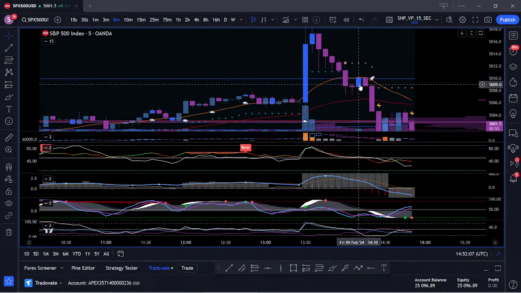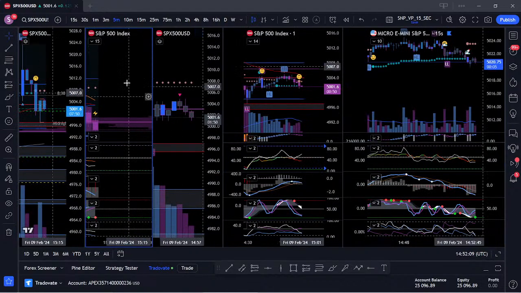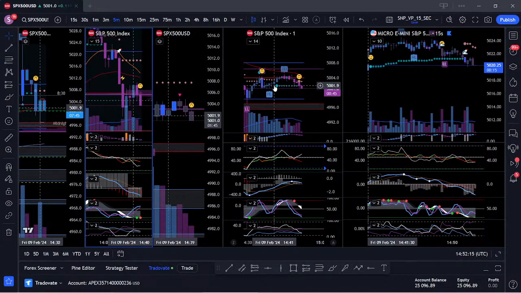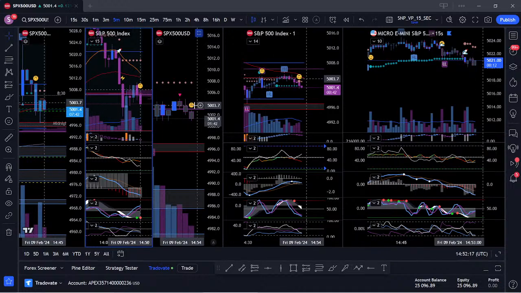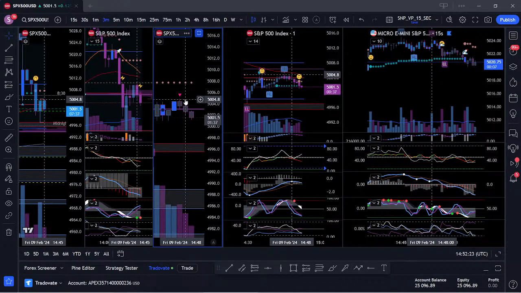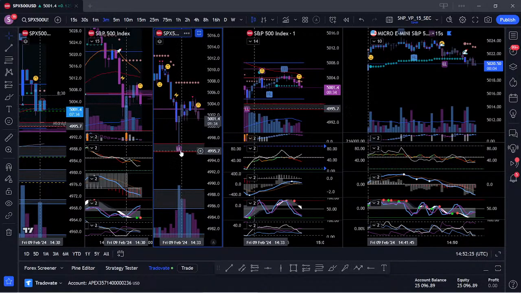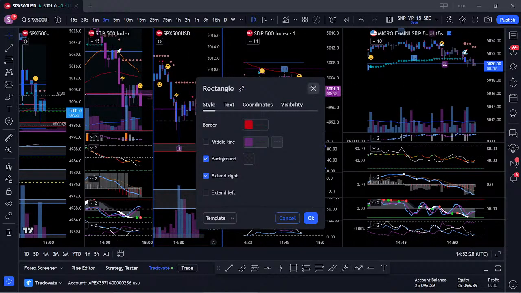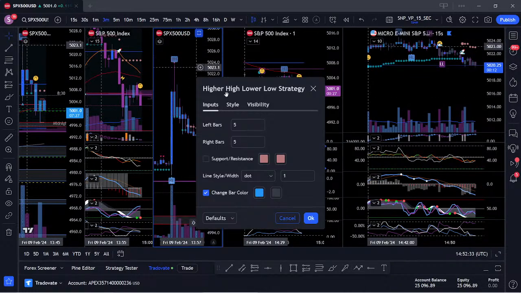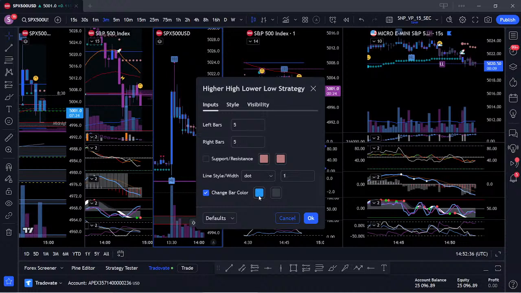And this is the institute entries. Can I change? Yes, I can change. It belongs to this indicator, so if I double click, change bar color. So for the up is blue, for the down is gray.